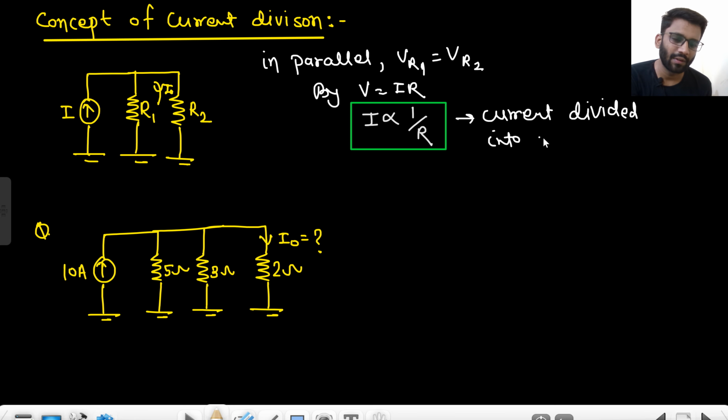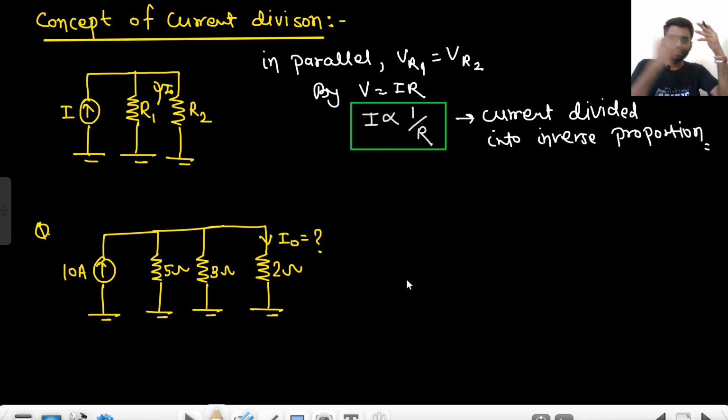More the resistance, lesser the current. What is the basic definition of resistance? Resistance obstructs the flow of current, right? So basically the current is inversely proportional to resistance. More the resistance, lesser the current.